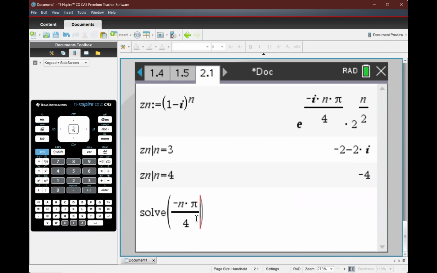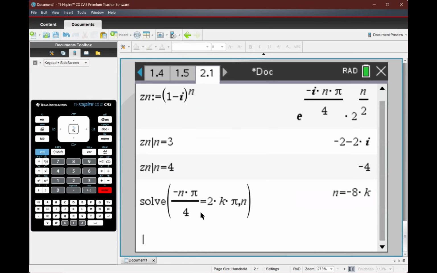If the argument is 0, I'm getting, let's say, 2k pi whatsoever. n equals minus 8k. Just be aware the n value is a positive whole number. That means your k value needs to be negative, or if you write 8k, that k should be Z plus whatsoever.